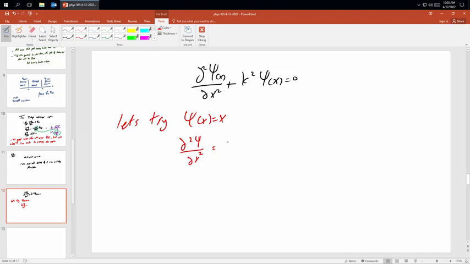The first derivative of x is 1, right? And the second derivative, d of 1 over dx, is going to equal 0, right? From x to 1, 1 to 0.